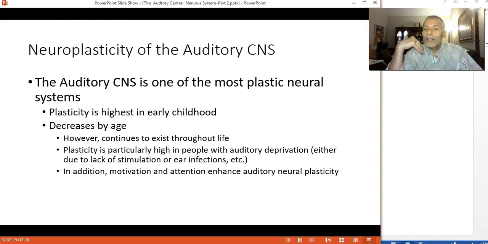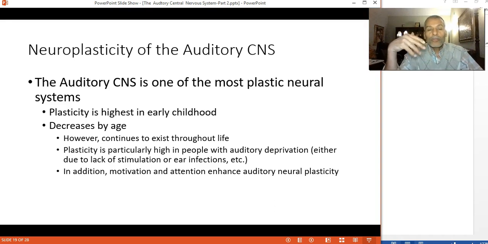So the idea of a visual learner and an auditory learner, these are myths. You can be a visual learner for a period of time, and you can change it, you can be adapted. You can become an auditory learner for a period of time, depending on what you get used to.